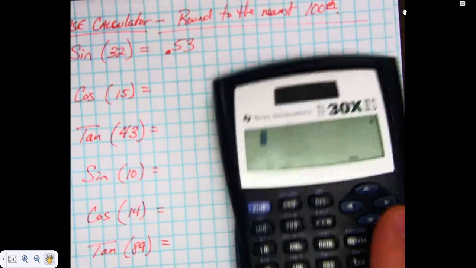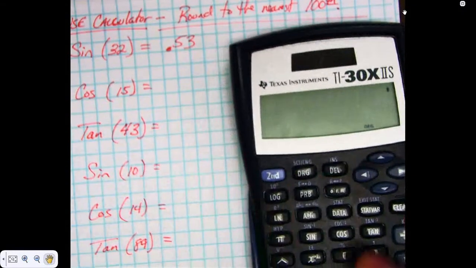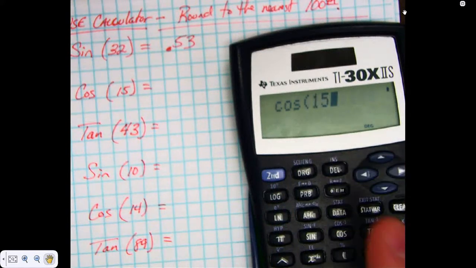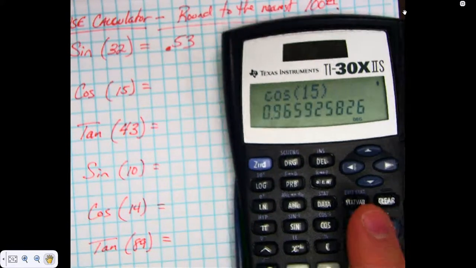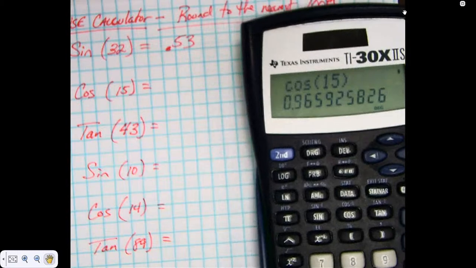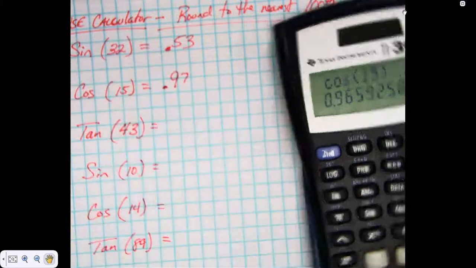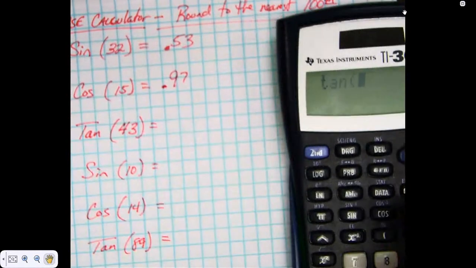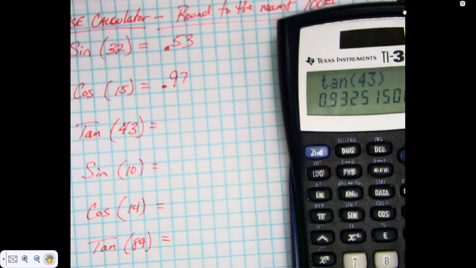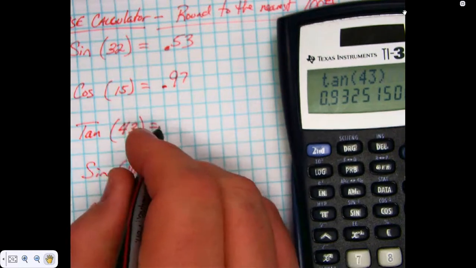Okay, everybody figure these out right here. Cosine of 15? 0.96 is what we should write? Oh, we're correct, 0.97. Thank you. Next one, what should I push? Tangent of 43. Each time it's just going to spit out a number, isn't it? 0.93.